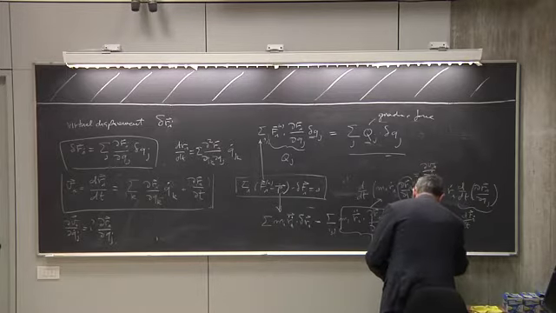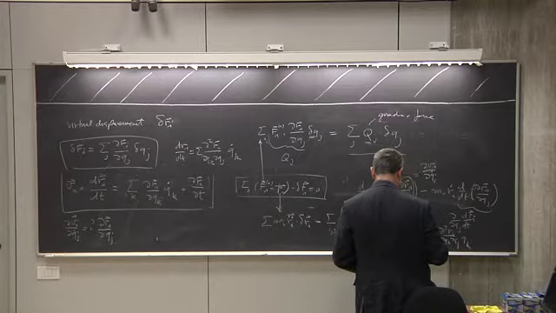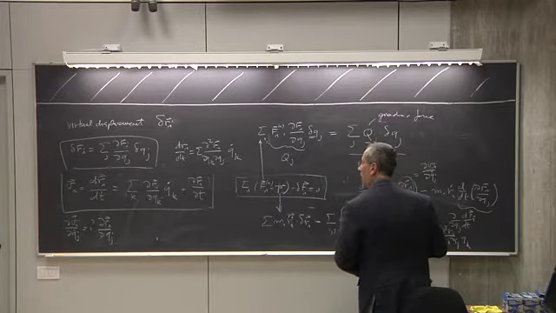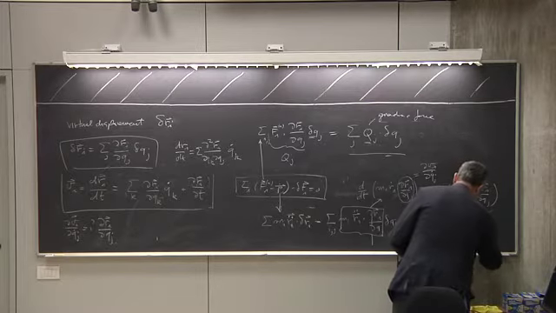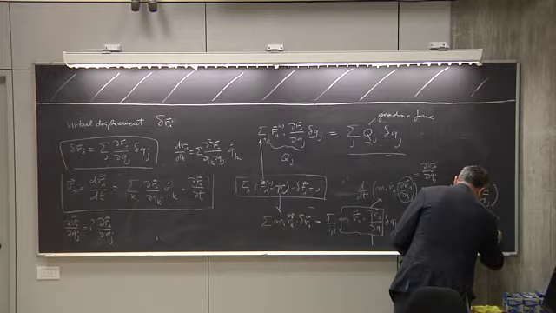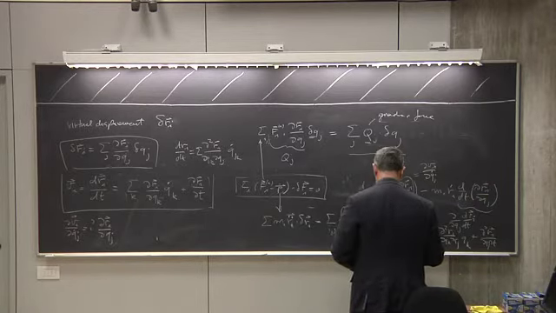And I have the sum over k of d squared ri dqk dqj times q dot k, plus dri dqj dt. Okay?